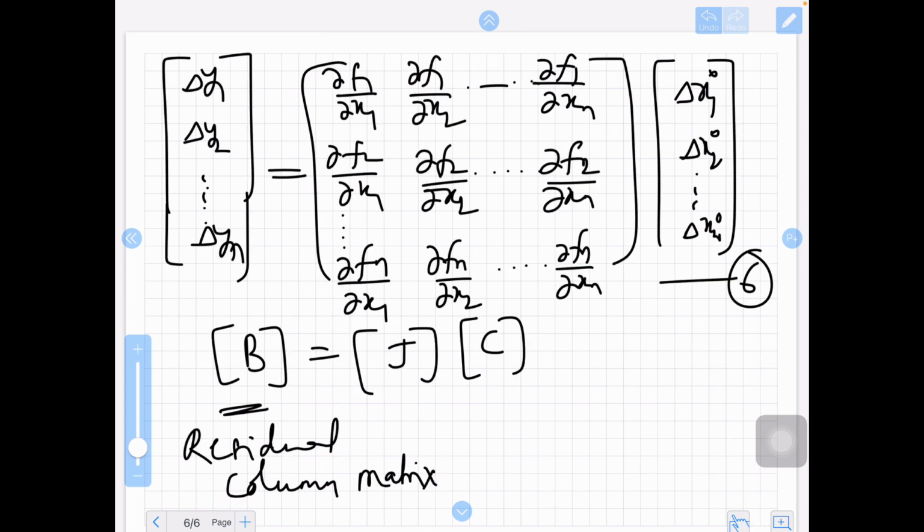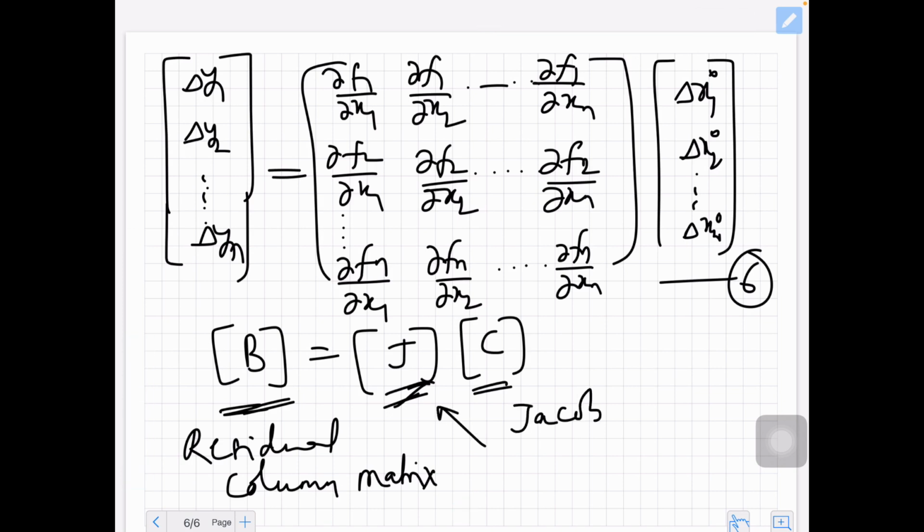With the elements of this J and B matrix, if you know, you can find the C matrix elements. So this J is called Jacobian matrix. J is called Jacobian matrix, or it is also called first derivative matrix.